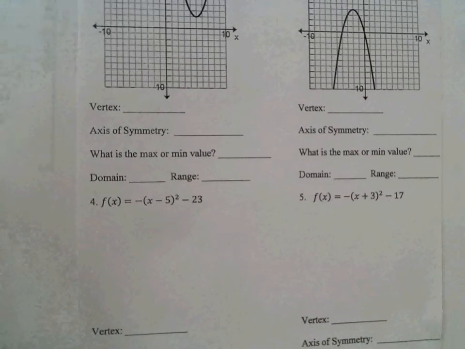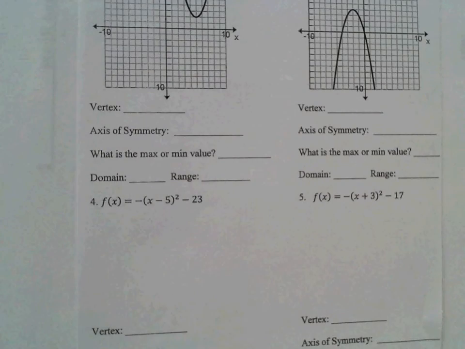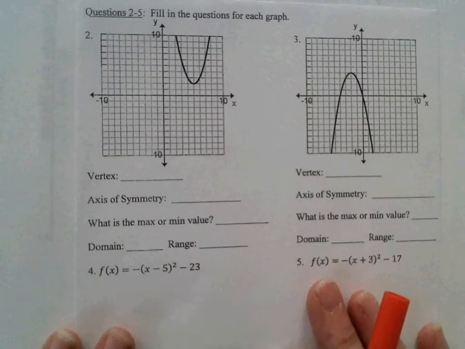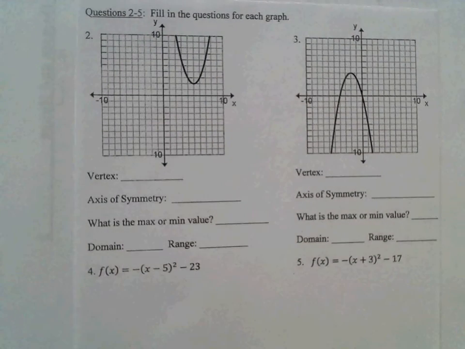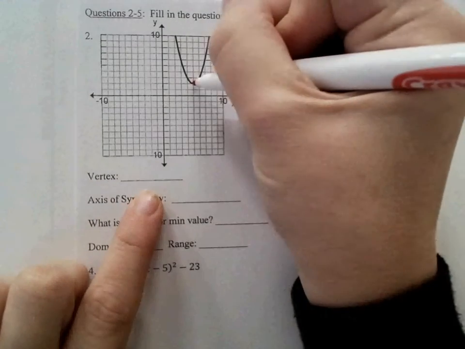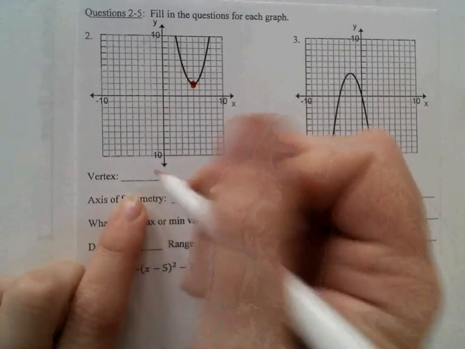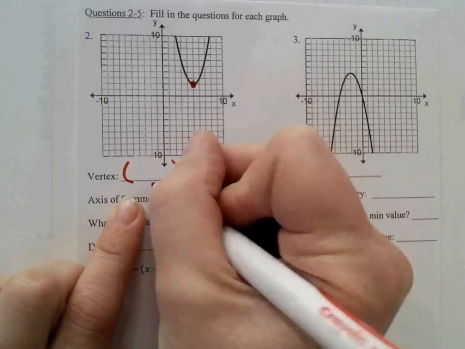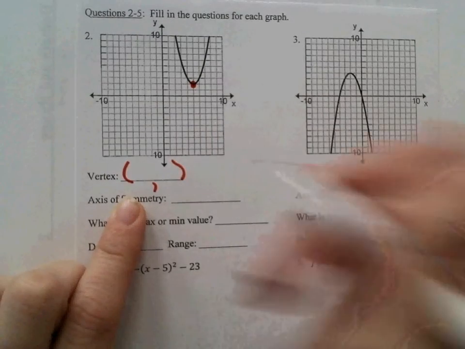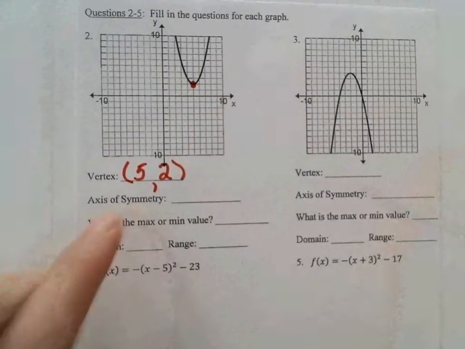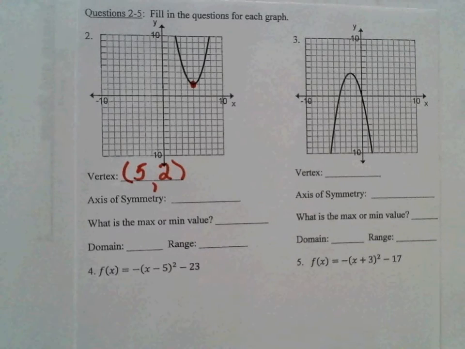Okay, so if we look at question number 2, this is graphed for you already. All you have to do is answer the 5 fill-in-the-blanks. So you want your vertex. In this case, my vertex is a minimum point, and I want the ordered pair. So the ordered pair there would be (5, 2). The next question says axis of symmetry.